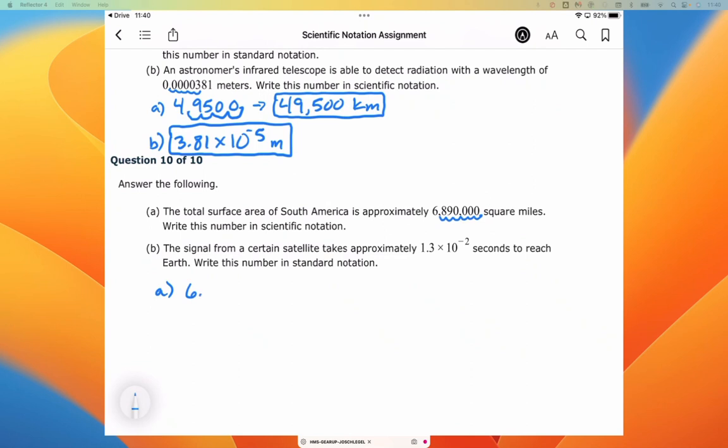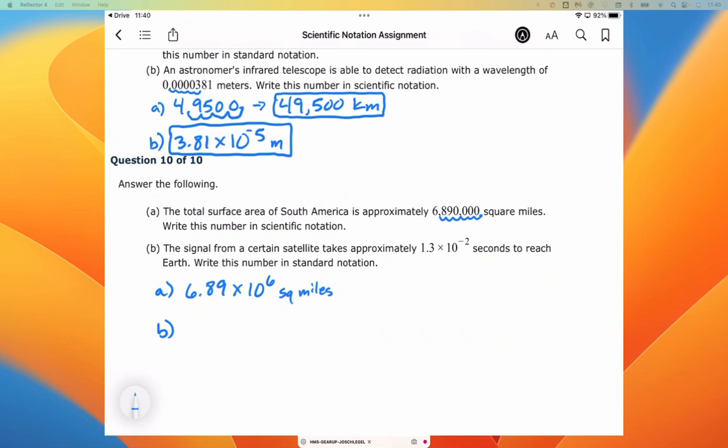So we're going to have 6.89 times 10 to the 6th square miles. And we need to pay attention that exponent should be positive because the number we are dealing with is larger than 1.